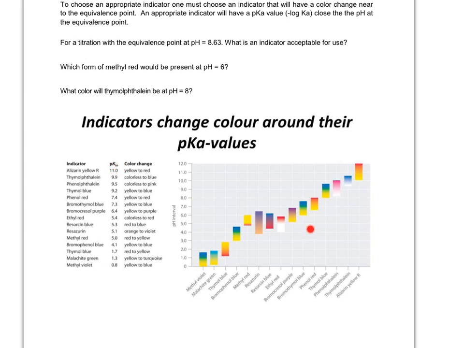And some indicators turn from one color to the other, like phenolphthalein, for example, only turns either colorless or pink, right here. Thymolphthalein turns colorless to blue, and so on. So just two colors. Others, like universal, for example, have a whole array of colors.